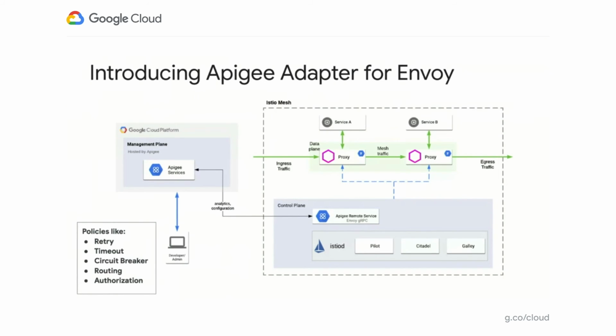So when an API call comes into Envoy, right, Envoy gives the control to the Apigee adapter, right? In this case, we call it the Apigee remote service, right? The Apigee remote service will go back with either an allow or a deny, right? So what it will do is enforce the policies that the API publisher has designed for this particular API consumption.